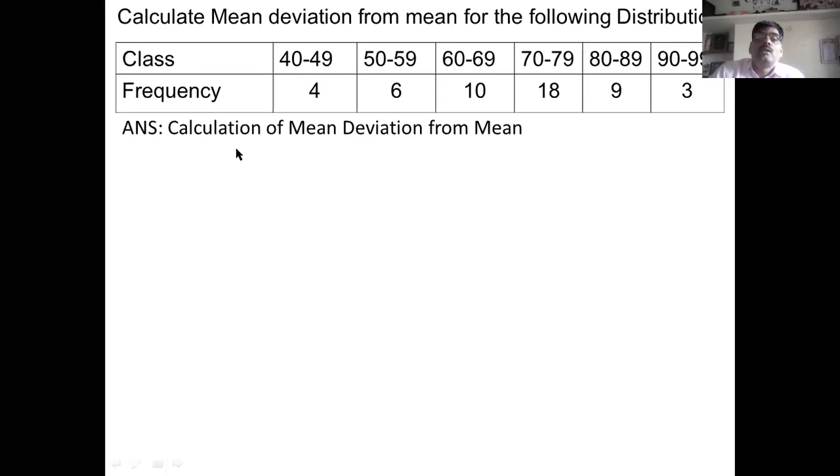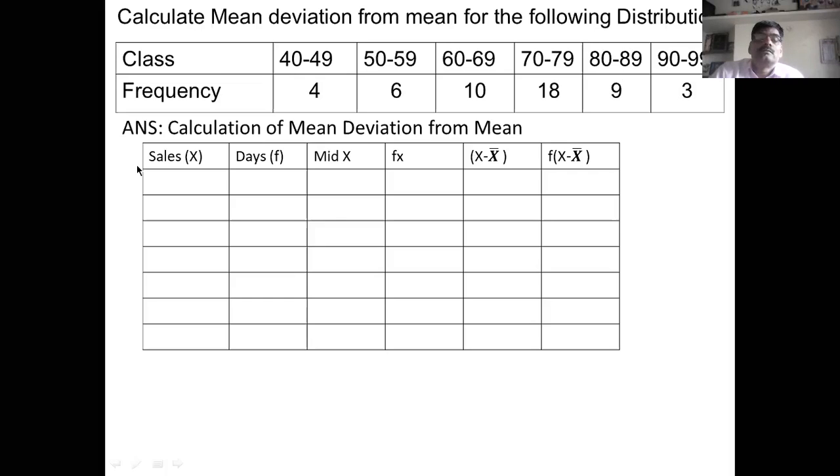I'll calculate the mean deviation for class value. Here there is one more column extra as compared to the previous problem. In the first problem, there are only two columns, x and x minus x bar.